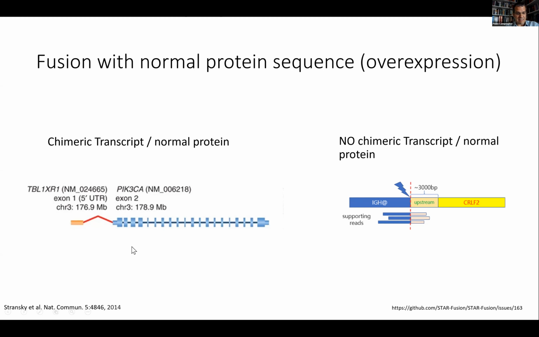And in these cases, although we don't have a chimeric protein, we still can detect these products with RNA sequencing. So we still can find this fusion transcript, although we don't have a chimeric protein. And even in this situation, sometimes we can use RNAseq to help us to find this situation, right?